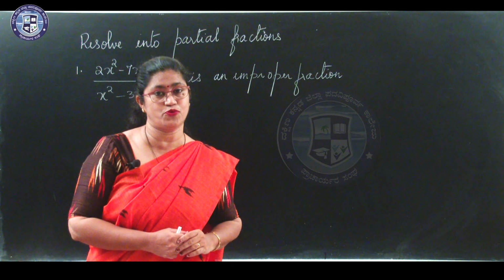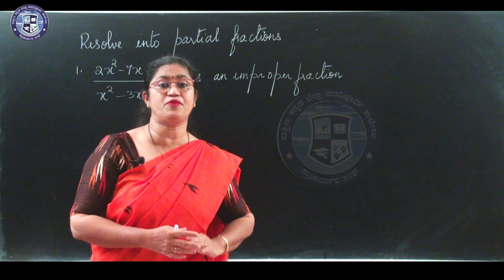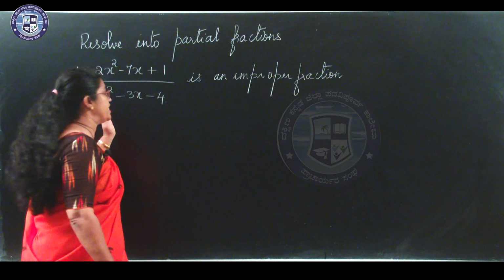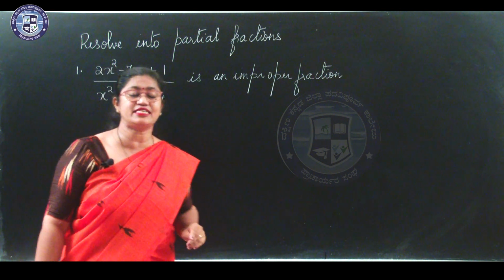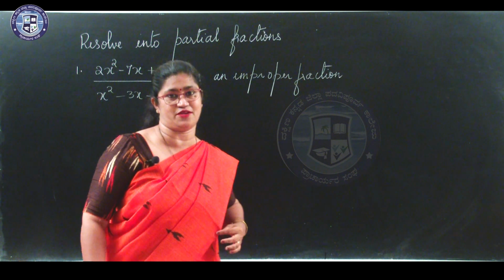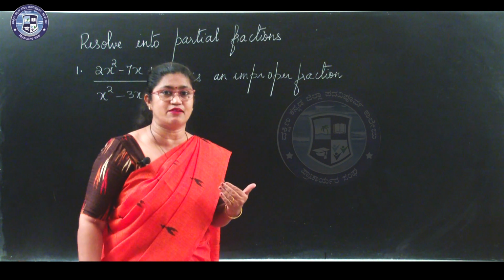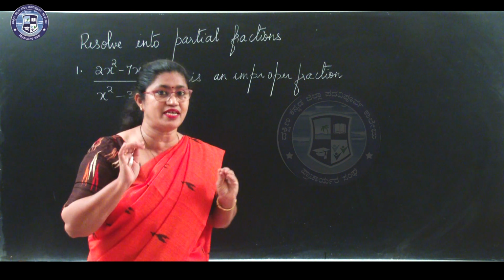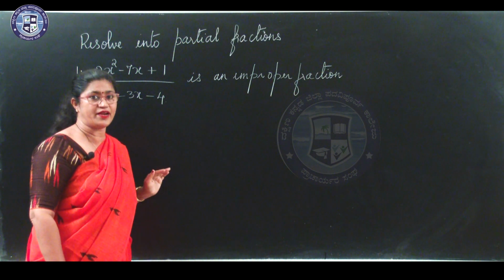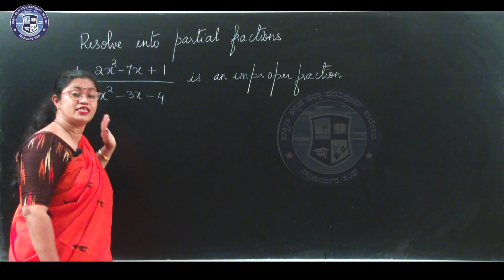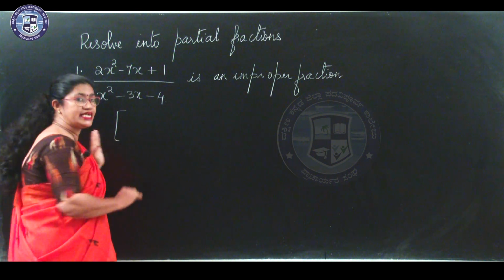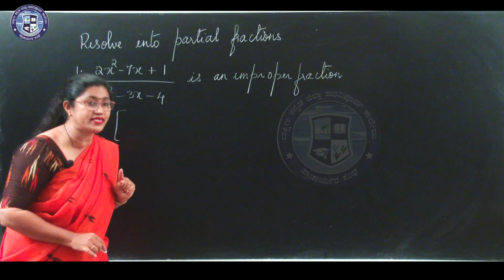Now what to do? We also learned in the previous section that any improper fraction you can divide and write as a polynomial plus a proper fraction. Let us remember something like this in our mind. Whenever I am given an improper fraction, I will divide the numerator by the denominator, and this is just to think in your mind and not to write in the exam.